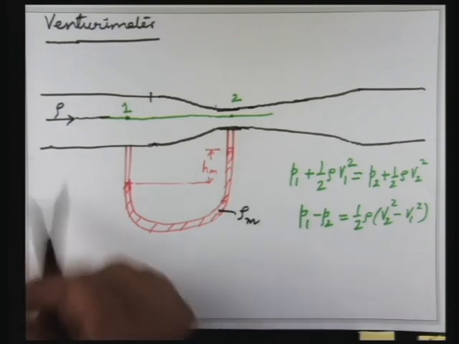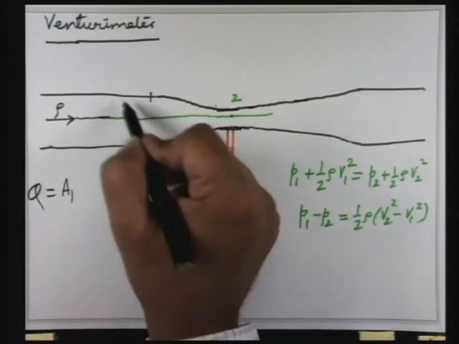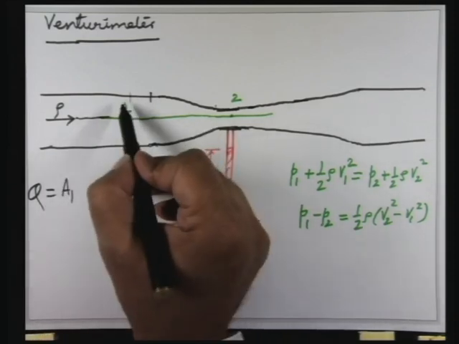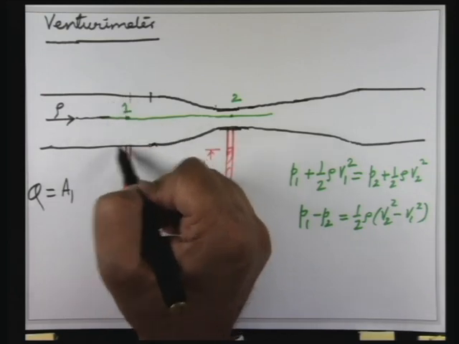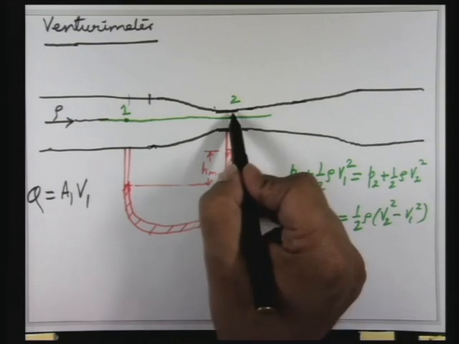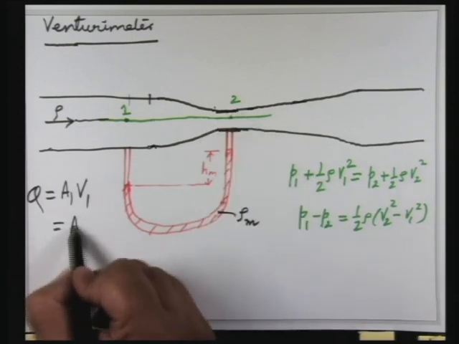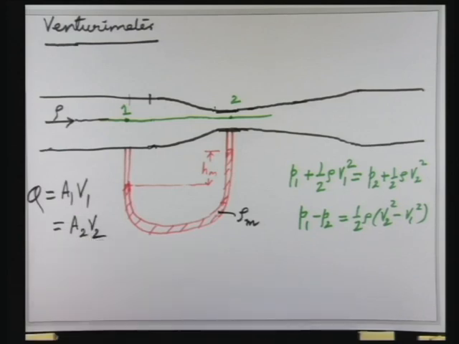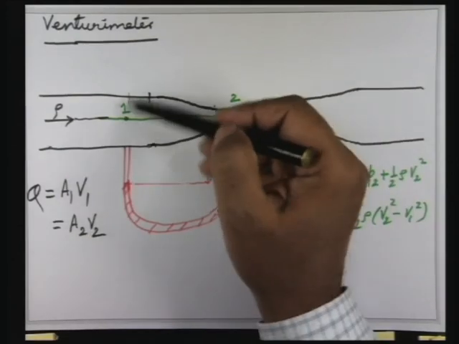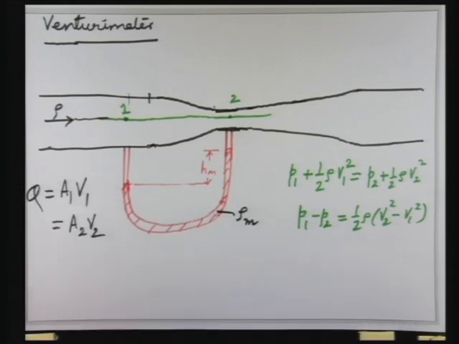The standard symbol is Q. If I know the area at section 1 here, now we are going to assume that the velocity profile here is uniform. So it is going to be A1 V1. And if you assume the velocity profile at 2 is also uniform, this will be A2 V2. So the geometry is known, so you know what is A1, you know what is A2. So if you know either V1 or V2, you can find what is Q.